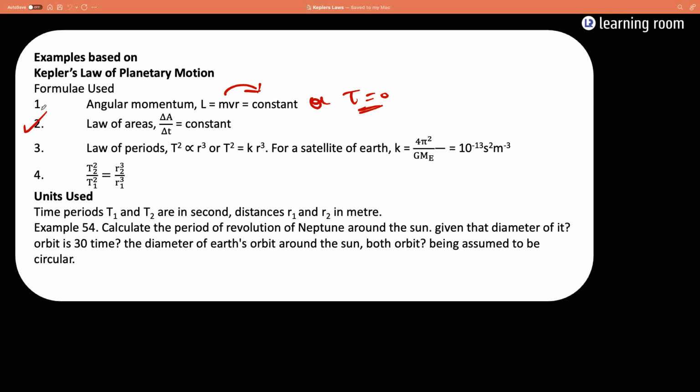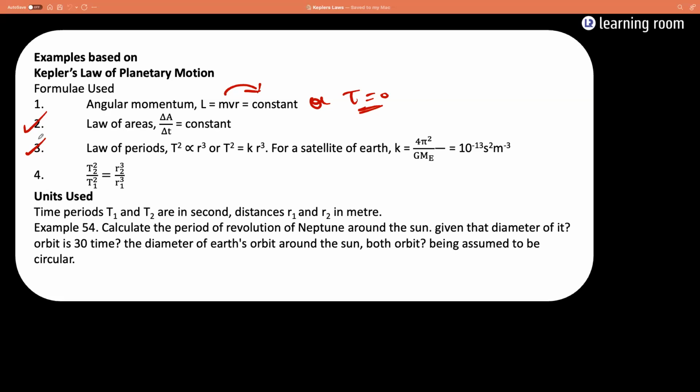What does the law of areas speak about? The radial vector sweeps out equal areas in equal intervals of time, or you can say that the areal velocity is always a constant. Third, law of periods.